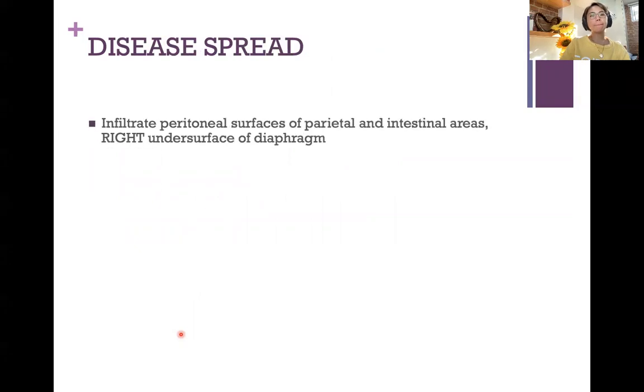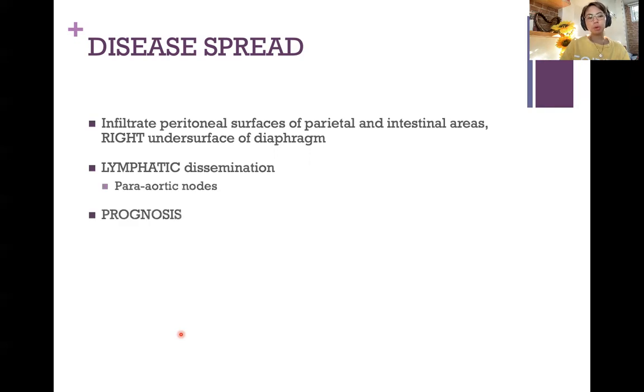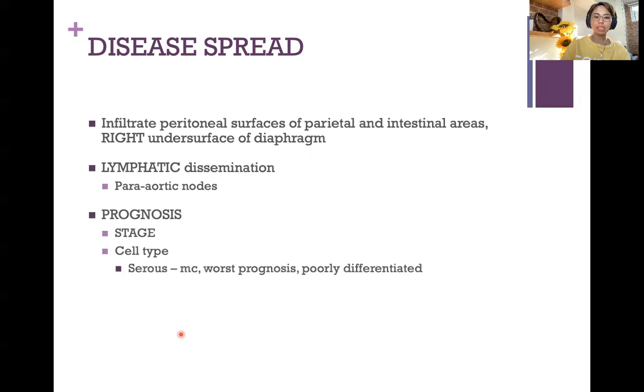Disease spread: infiltration of peritoneal surfaces, parietal and intestinal areas, right under the surface of the diaphragm. It can be lymphatic, paraaortic. Prognosis depends mainly on stage. What cell type? Again, clear cell is aggressive. Serous is the most common, with worse prognosis if poorly differentiated.